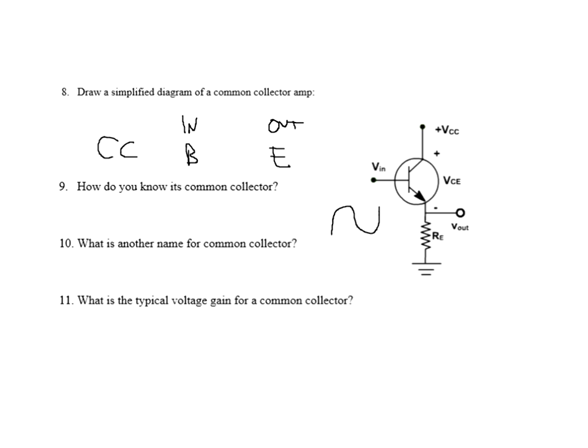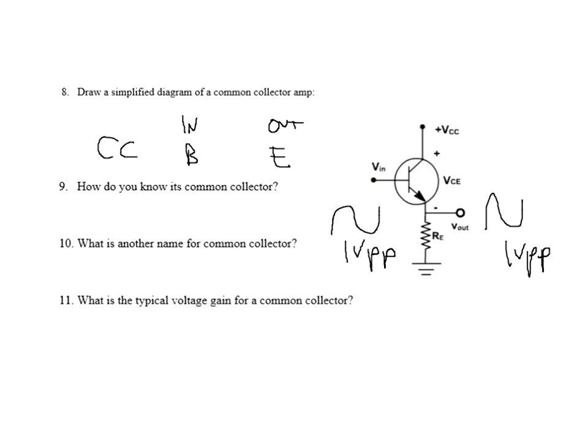The input might be 1 volt peak to peak. Interesting enough, the output of a common collector is going to be the same voltage, 1 volt peak to peak. It's not designed to amplify voltage, it's designed to amplify current.